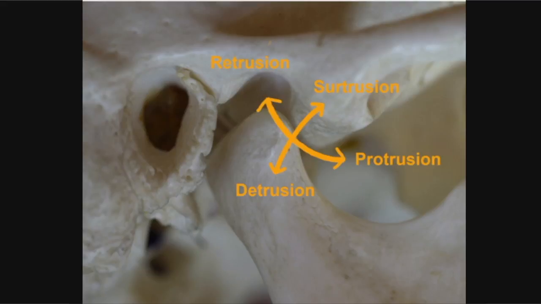I think a little bit of protrusion in MI is harmless because the joint is designed to function that way. However, any amount of detrusion in MI has extreme risk.